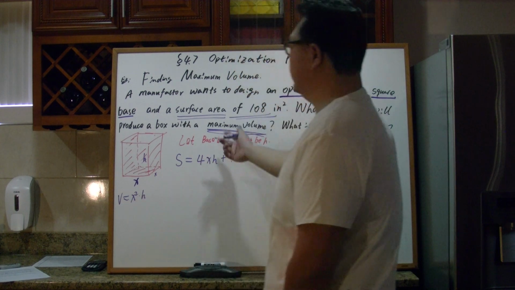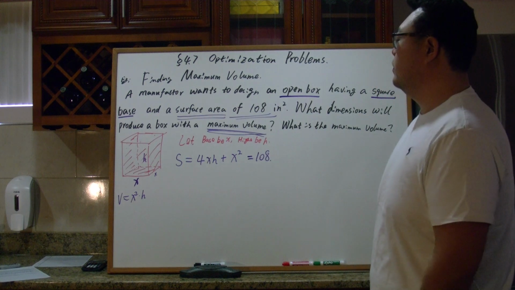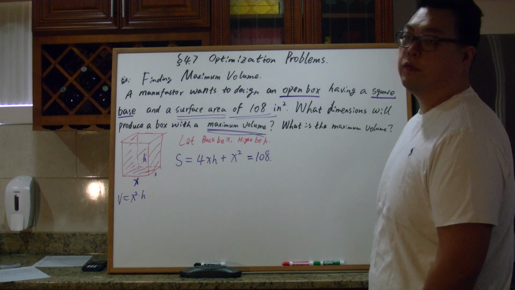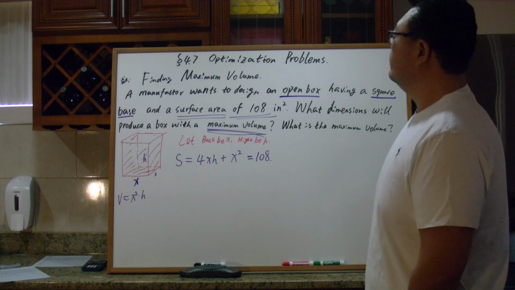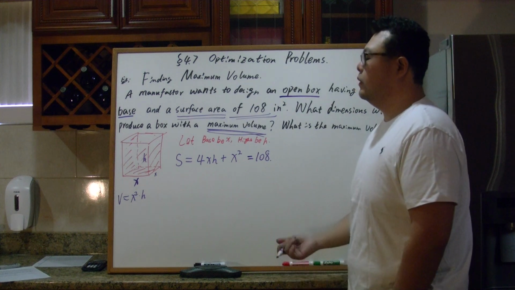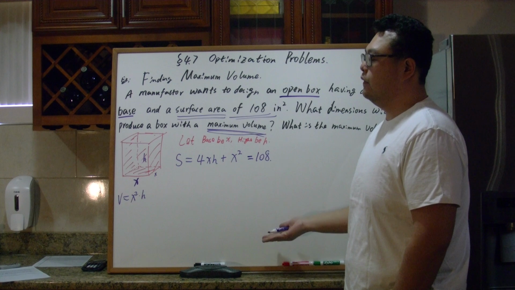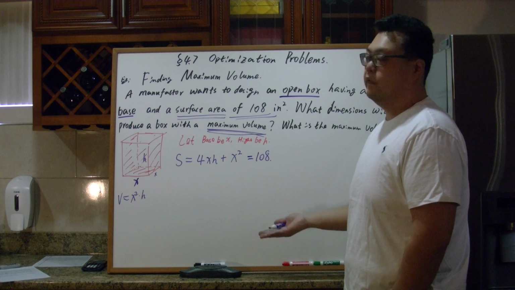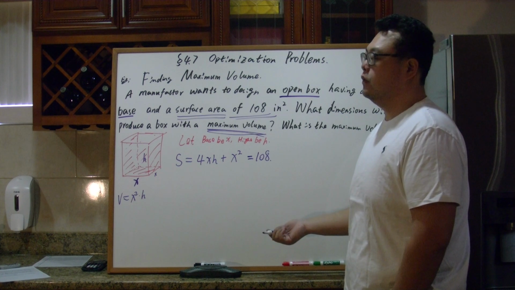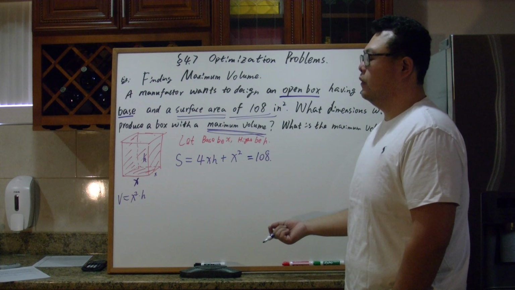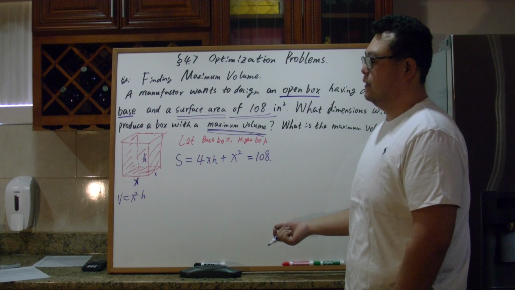What we're seeking is to make the volume an absolute extrema. So we view the volume as a function and take the derivative of the volume with respect to the variable x.